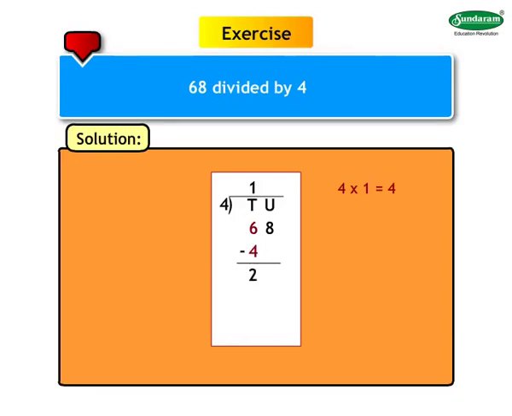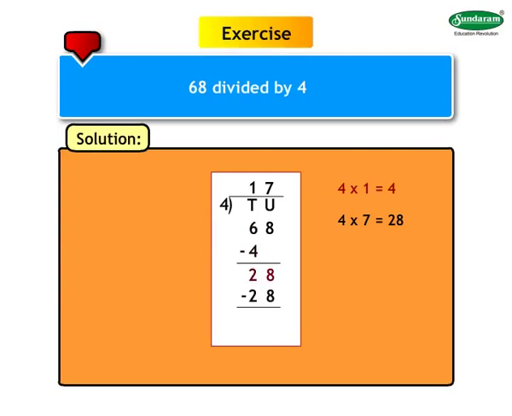Now, we will bring 8 from the unit part of our dividend down and write it in front of 2. Thus, now we have to divide 28 by 4. As 4 sevens are 28, we will write 7 in the units place of the quotient and 28 below 28.